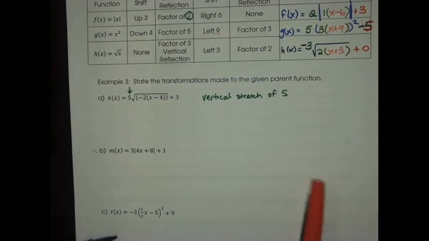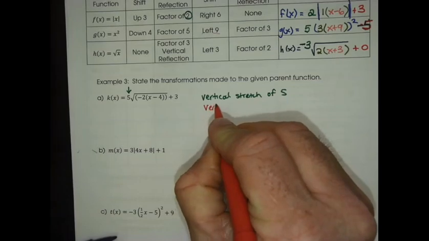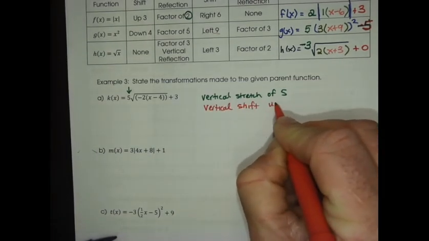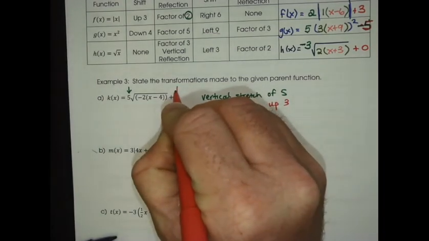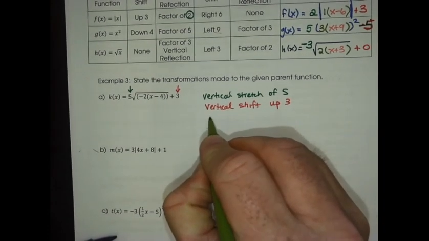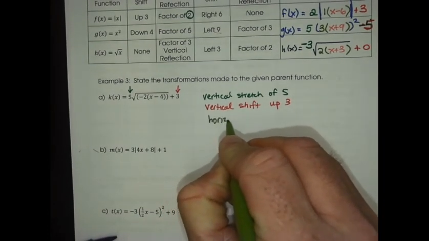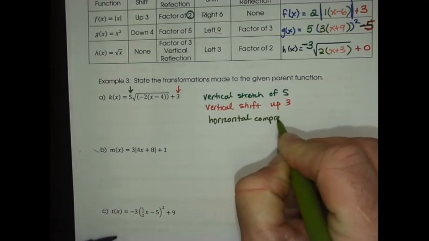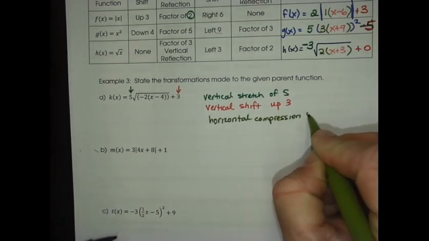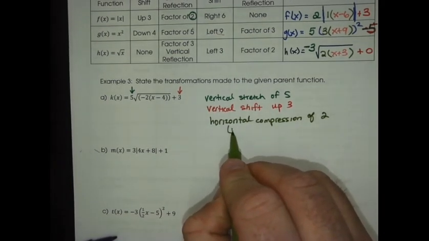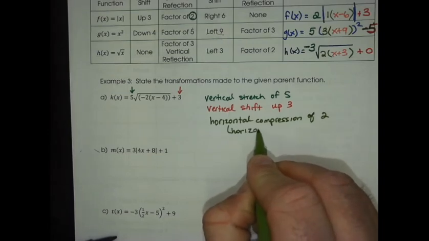We did a vertical shift up 3. That would be that piece. And then if I was looking on the inside, that's our K. So we have a horizontal compression of 2. And since it's negative, we're going to have a horizontal reflection.